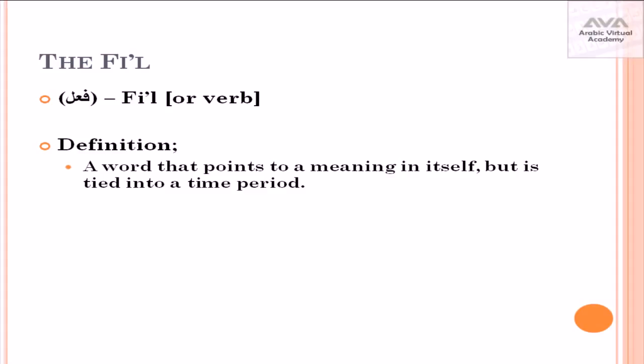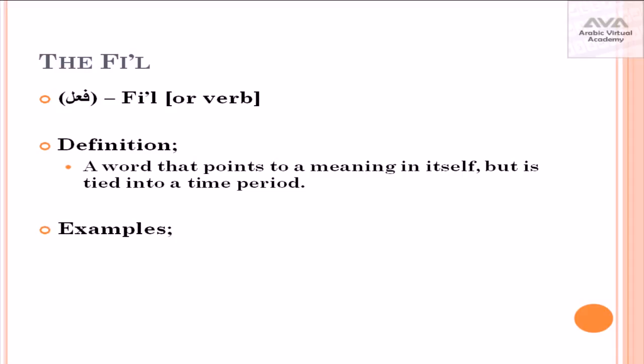It in itself has a meaning. But unlike the ism, it is tied into a time. Either it's going to be tied into al-madi, or the past, or al-hal, or the present time, or al-mustaqbal, which is the future.